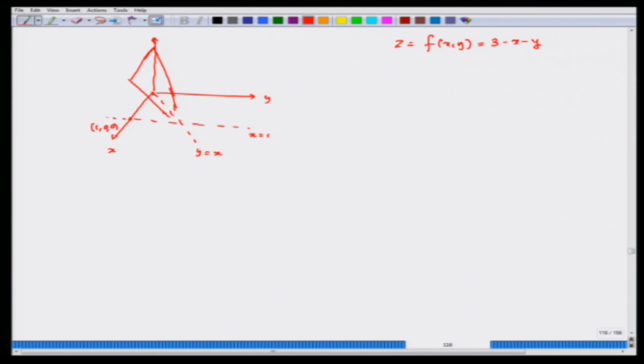It will come down here and meet. Basically, then I have to find the volume under this. Of course, here maybe the plane won't meet like this, the plane would be slightly sharper.